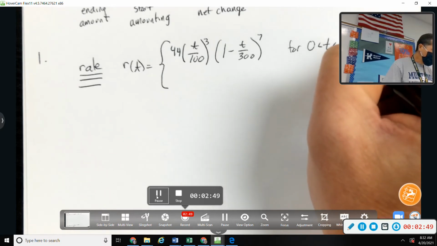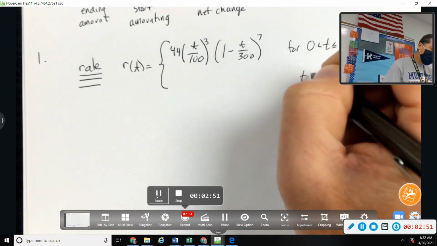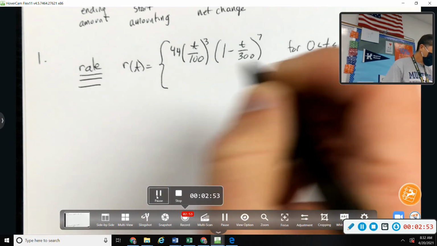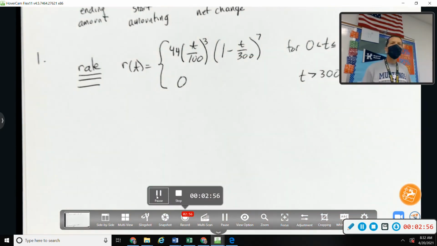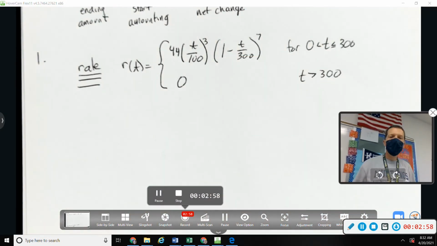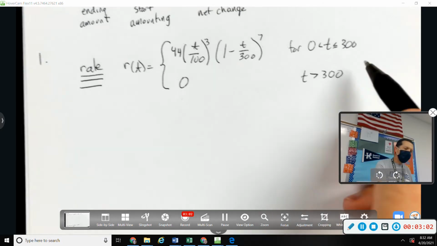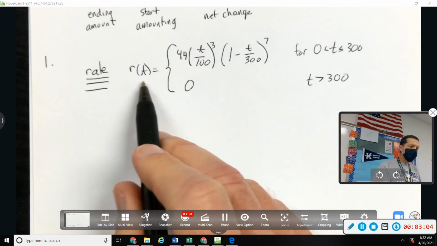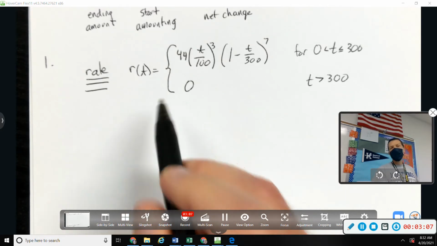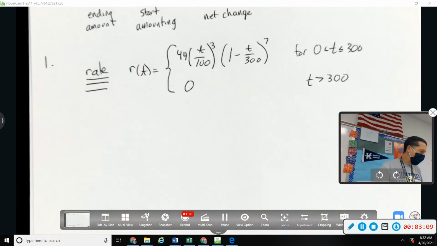It's a piecewise function, so we'll have to be careful to make sure we're in the right piece. It looks a little bit weird, but it's okay. Basically, just after 300, there's no more rate, so nobody's being added. There may be people in line, but no one's being added.